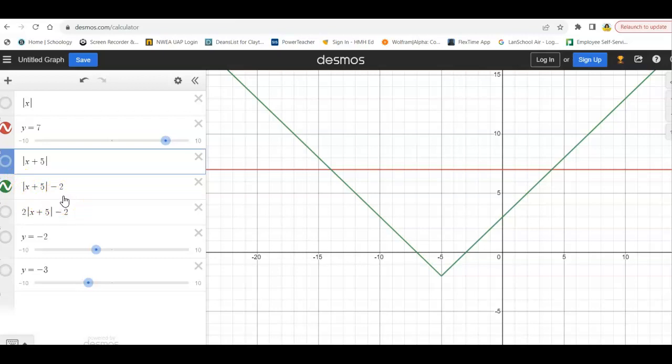We're going to have to isolate it first. So here is our graph that was shifted over 5 to the left, and it's also shifted down 2. Okay? So, let's take a look at the solutions, and then we'll prove it with algebra. So we have negative 14, and here we have positive 4. All right? So here we go.